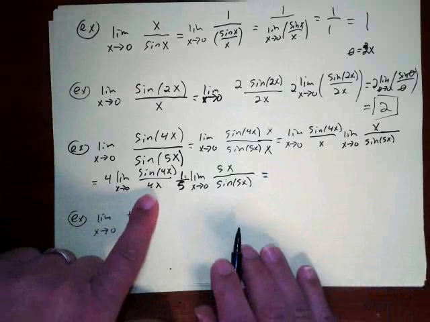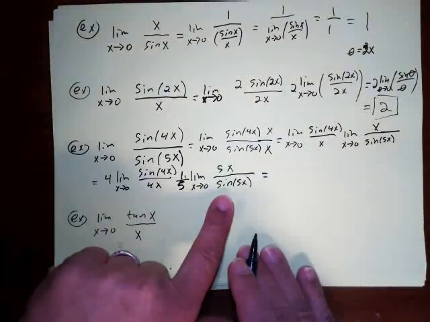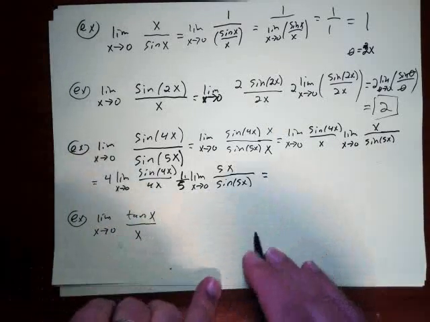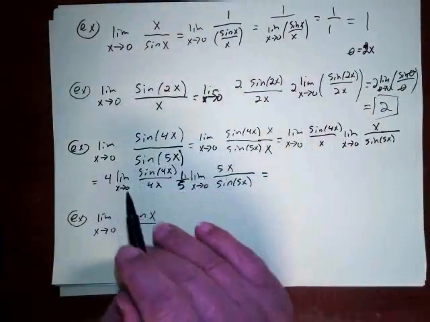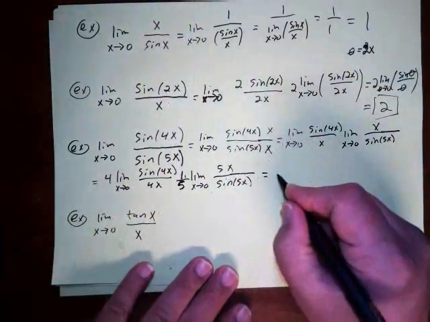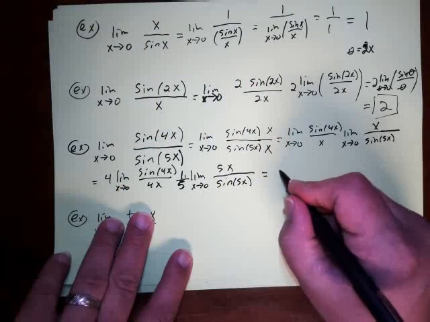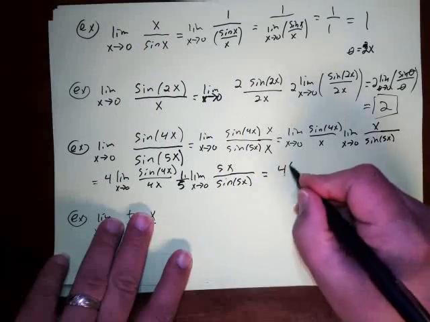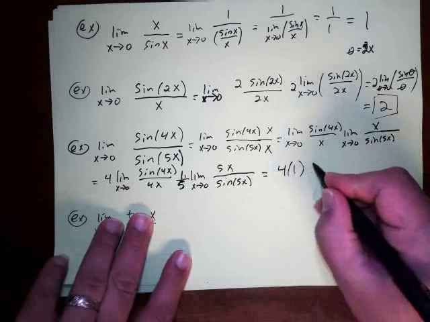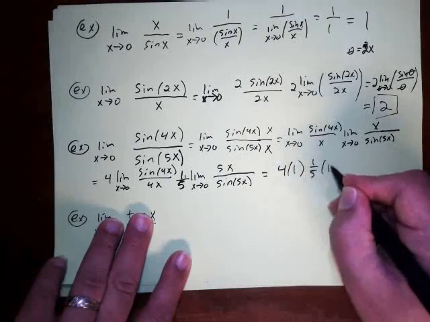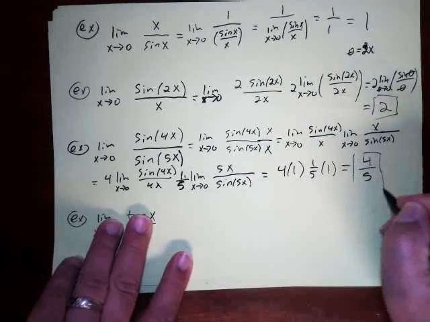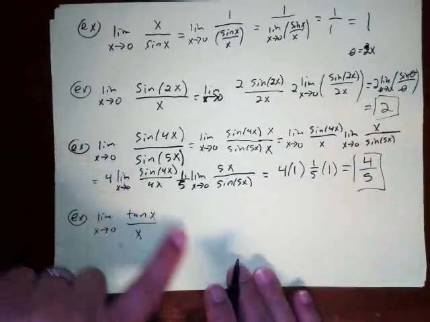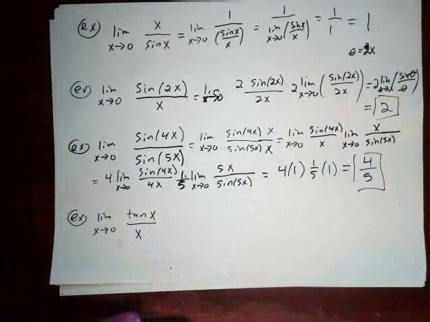Both of these are going to go to 1, just like the original one. So this is basically 4 times 1, 1/5 times 1. That's 4/5. So this actually equals 4/5.